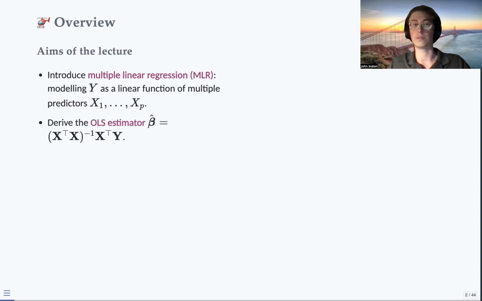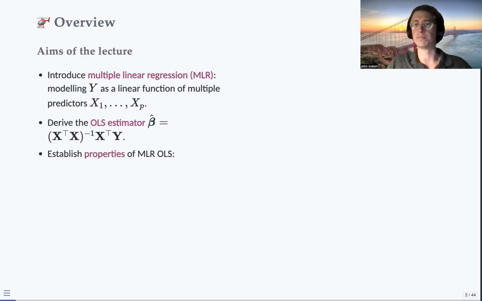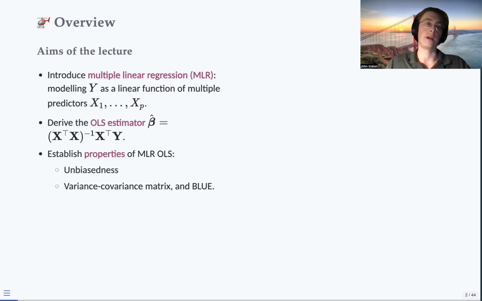So we're going to derive the OLS estimator for MLR. We're going to show the equivalence of this multivariate case to the simple linear regression before we go through the derivation of the same properties that we covered last week, things like unbiasedness, the best linear unbiased estimator, and having a look at the variance covariance matrix for the parameter matrix, which is this beta hat that we have yet to describe, but it will make sense once we've gone through the lecture.